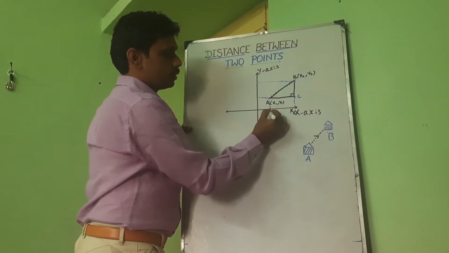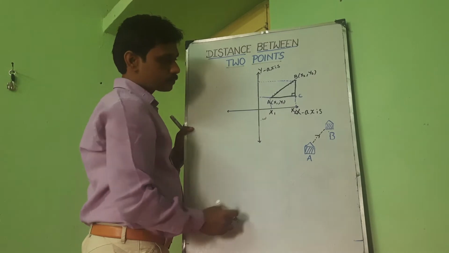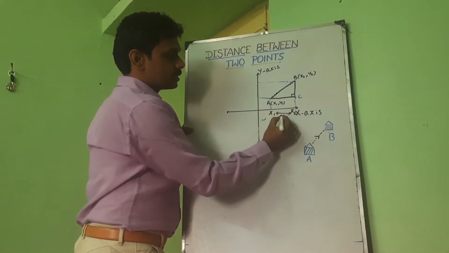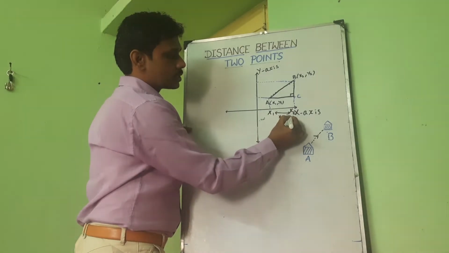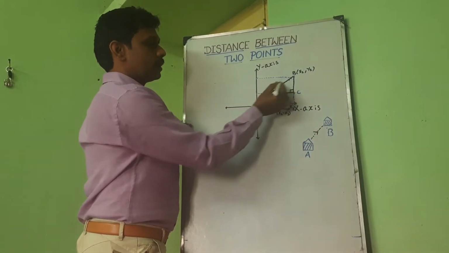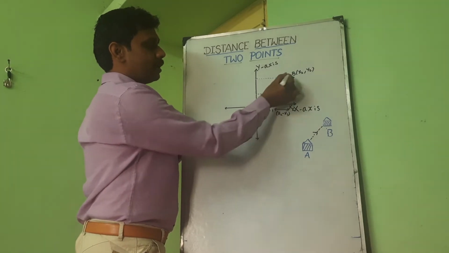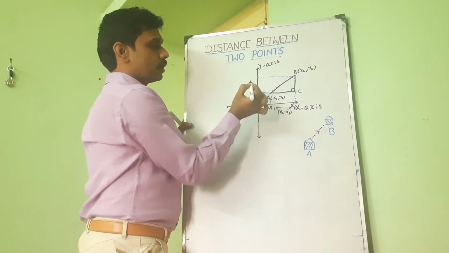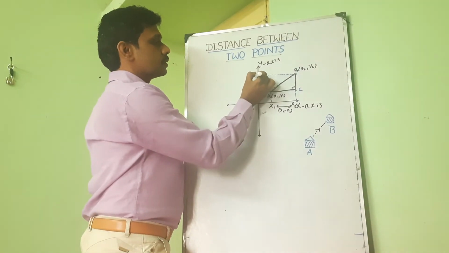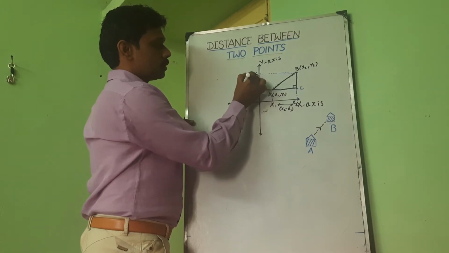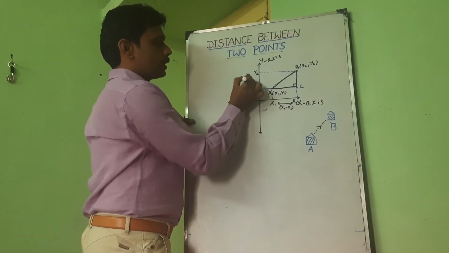So this is x1 and this one is x2. The distance between A and C is nothing but x2 minus x1. Similarly, the perpendiculars drawn from A and B on the y-axis give y1 and y2. So the distance between these 2 points will be y2 minus y1.